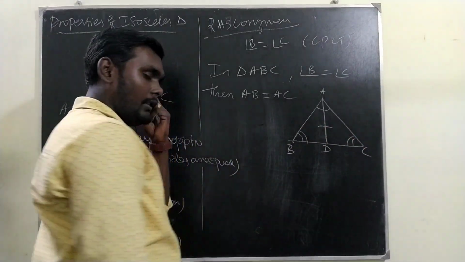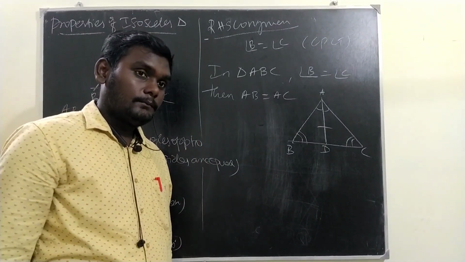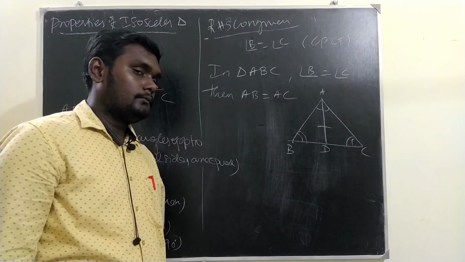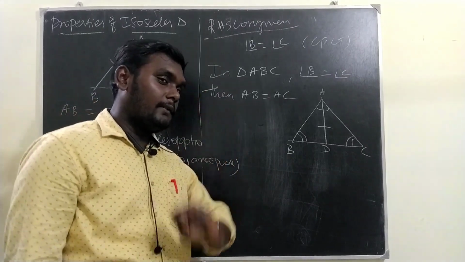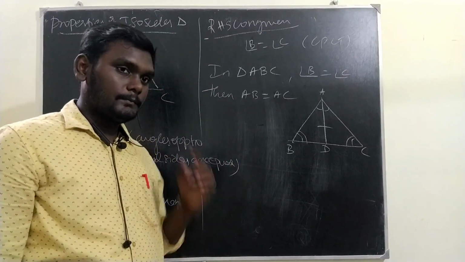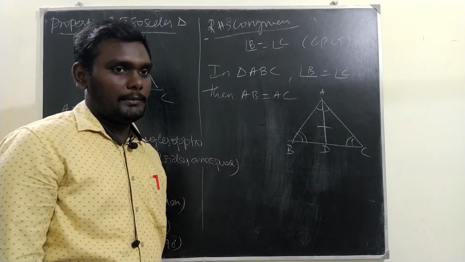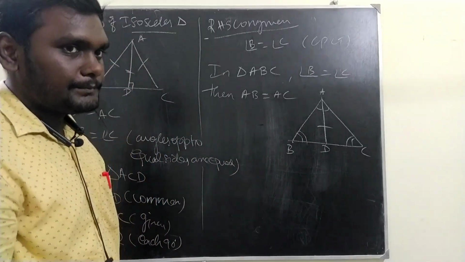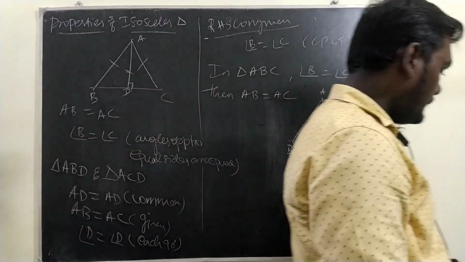Then what congruency rule will it give? ASA or AAS? AAS or ASA? Option A or B? AAS. Two angles on one side, that is the non-common side. Okay. Got it? So that is the thing about this exercise.